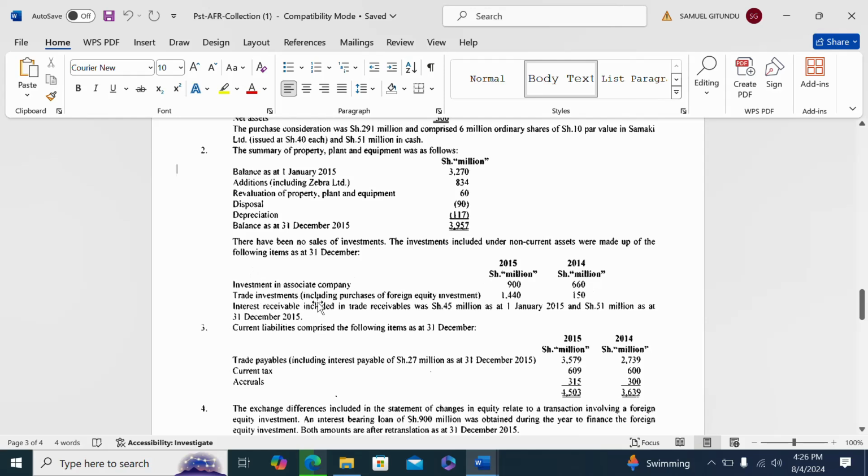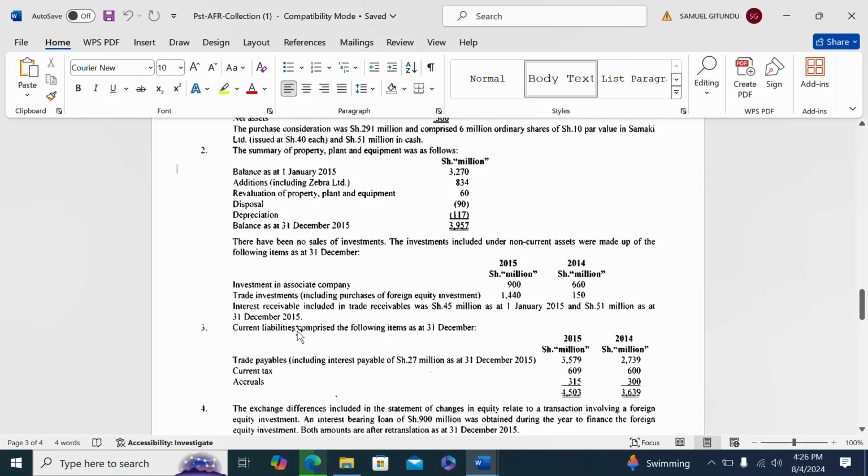Trade investment including purchase of foreign equity investment 1440 million and 150 million. Then interest receivable included in trade receivables was shillings 45 million as at 1st January 2015 and shillings 51 million as at 31st December 2015.